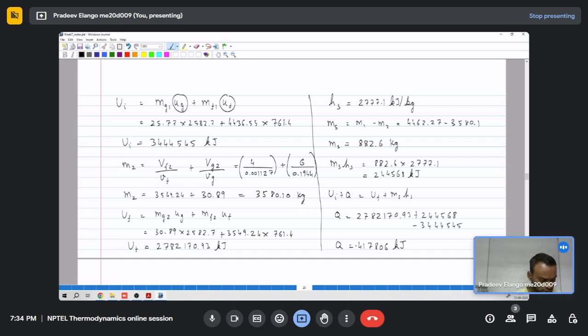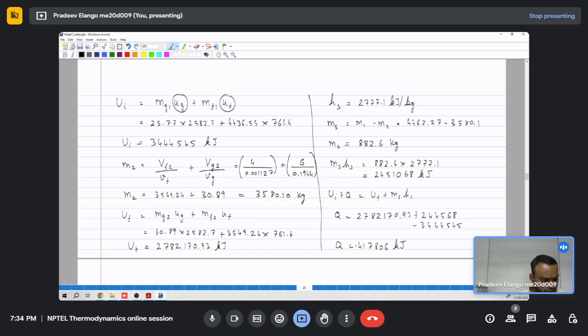I have got a different value here. So this I am getting as 2451.068 kilojoules.